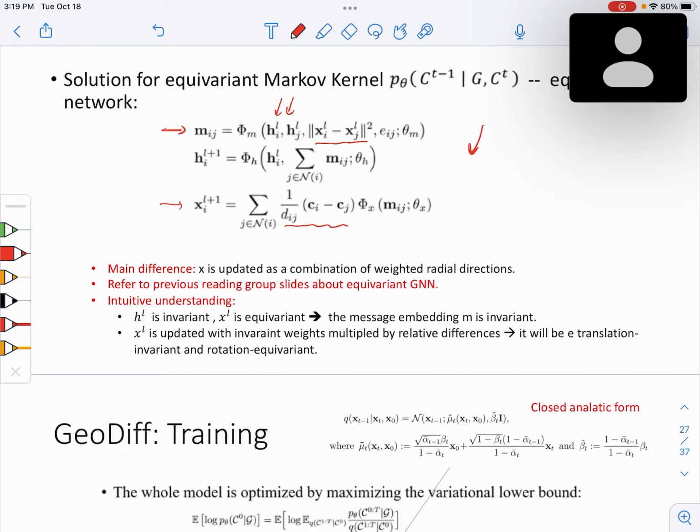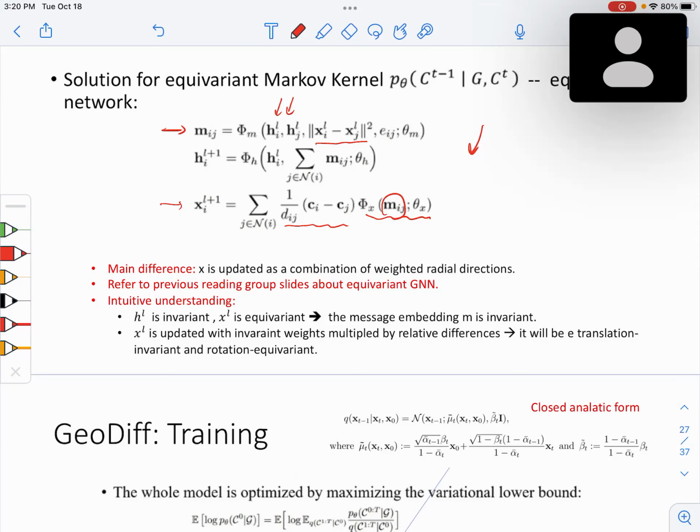Then we can see this x is updated with the relative coordinate differences multiplied by the weight computed from the message. Since the message itself is invariant, essentially this xi L plus 1, this latent representation for coordinates, will also be translation invariant and rotation equivariant.